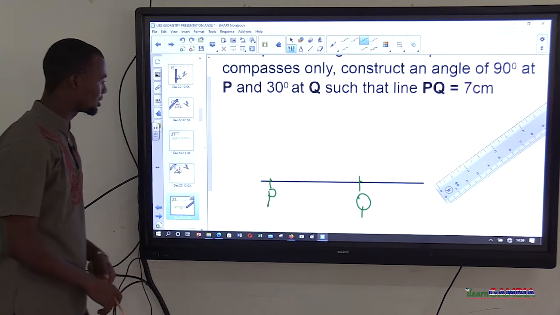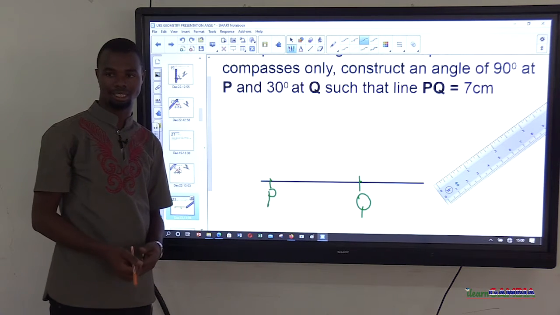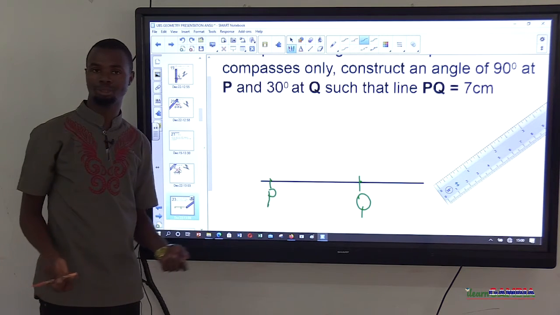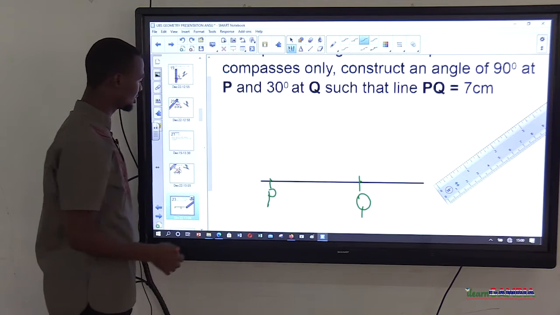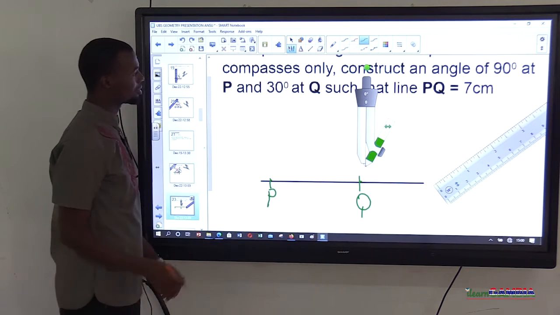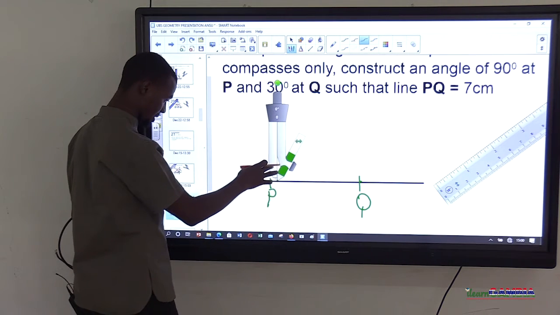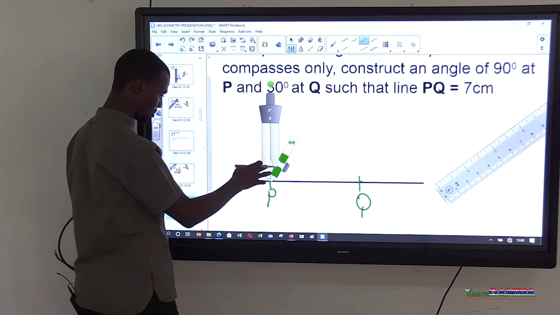To do that, you learned how to construct 90 degrees. One of the ways you can use is this: take our compass and use P as the center, because that is where we construct the 90 degrees.